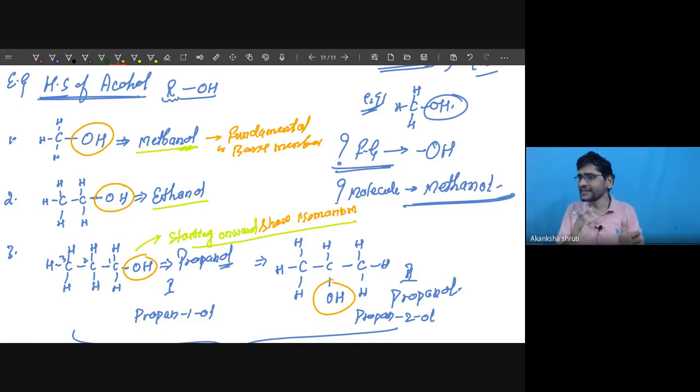Not an entirely different variation. Means the properties of methanol and ethanol are slightly changing, but most of the characteristics are the same. Like both of them will undergo a dehydration reaction, means removal of H2O.